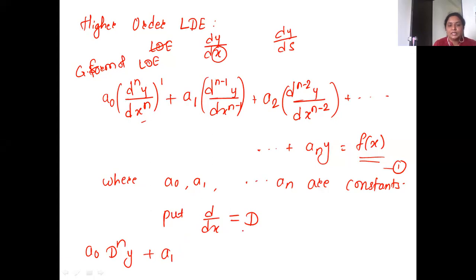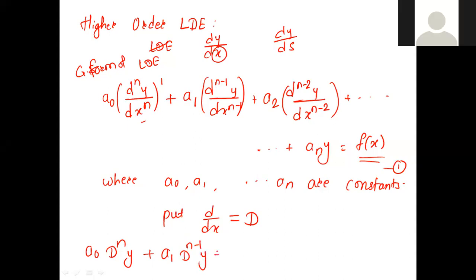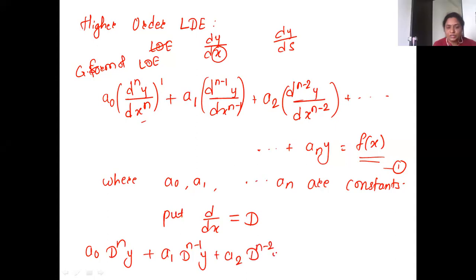D by dx as D raised to n minus 1 y, plus a2 D raised to n minus 2 y, plus so on, an y is equal to f of x. Correct? So in the place of d by dx, I am writing capital D. So now if we see this equation from the left hand side, what is the common thing?